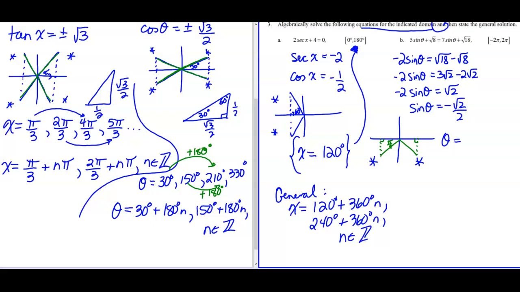So if we think about the negative rotation, that would be negative pi over 4 and negative 3 pi over 4. So I'm going to write those first, just from smallest to largest. Now positive rotation, that would be 5 pi over 4 and 7 pi over 4.